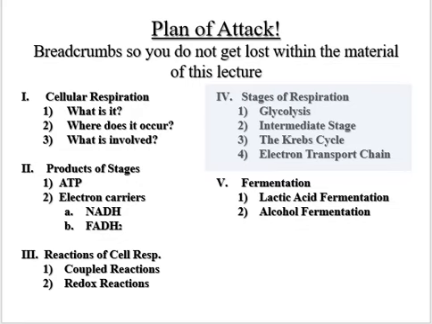Now the cells will produce ATP from glucose through these 4 interconnected processes or stages. These stages being first glycolysis, followed by the intermediate or transition stage, which is the oxidation of pyruvate, the Krebs cycle or citric acid cycle, and oxidative phosphorylation, which is the electron transport chain and chemiosmosis.